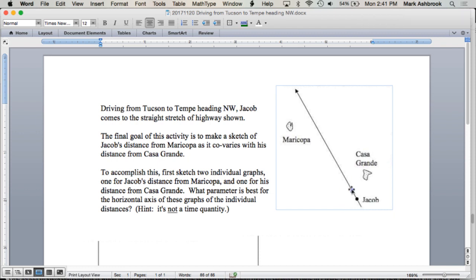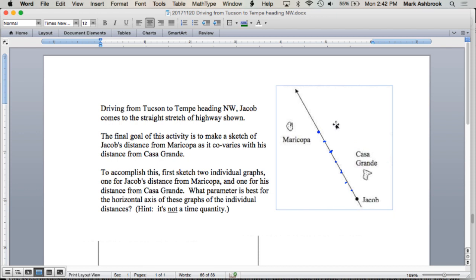So maybe pick a distance, and then we're going to relate those distances to each of the first two graphs, so that we're not pulling off a distance from Casa Grande and a distance from Maricopa at a different distance traveled, right? When you do this, you've got to pull off a distance from Casa Grande and a corresponding distance from Maricopa for the same distance traveled along the way. Does that make sense? And if you just sketch the graphs fast, you won't know where those match up. So we got to be a little more systematic about it.